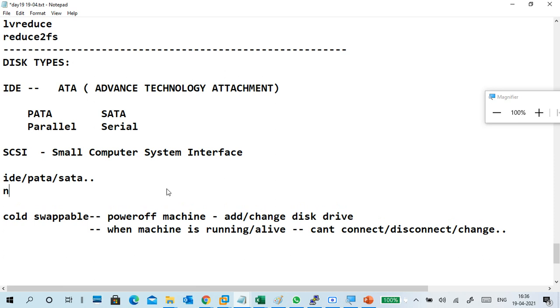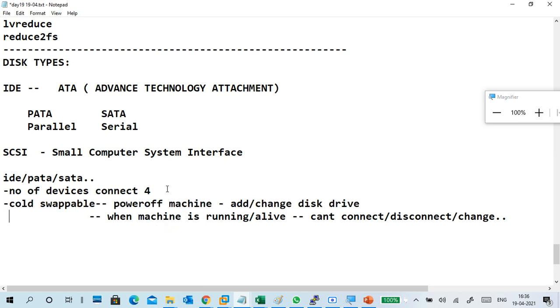So the problem is that with normal disks, the number of devices we can connect is four only. This is a limitation. Next, it is cold swappable.